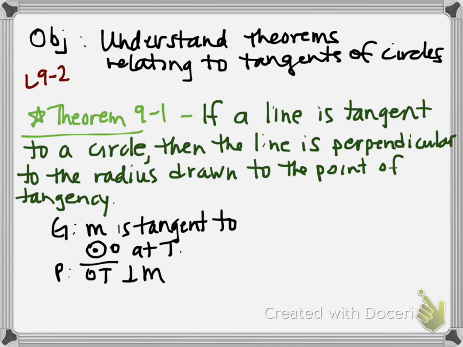So here's a picture. We've got our circle O, and we've got a tangent M. And according to this theorem, this point of tangency here, which is point T, if I drop a radius, and let me adjust its location a little bit.